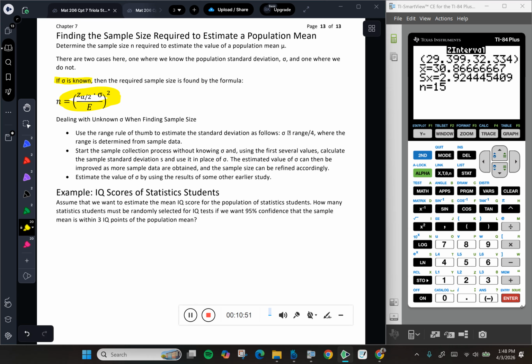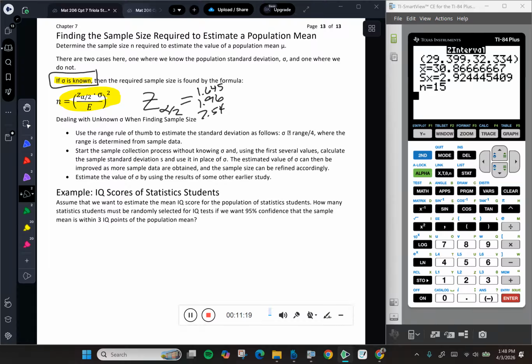So this z sub alpha divided by 2 that we're doing here, if you know your population standard deviation, then that is going to be those things like the 1.645 for a 90, the 1.96 for the 95, and the 2.576 for the 99.